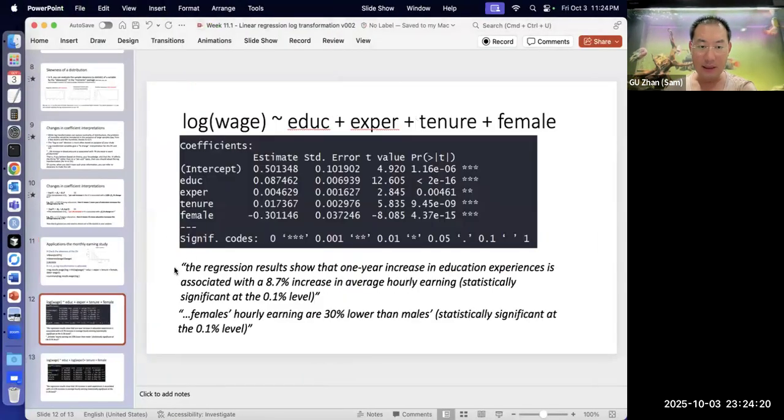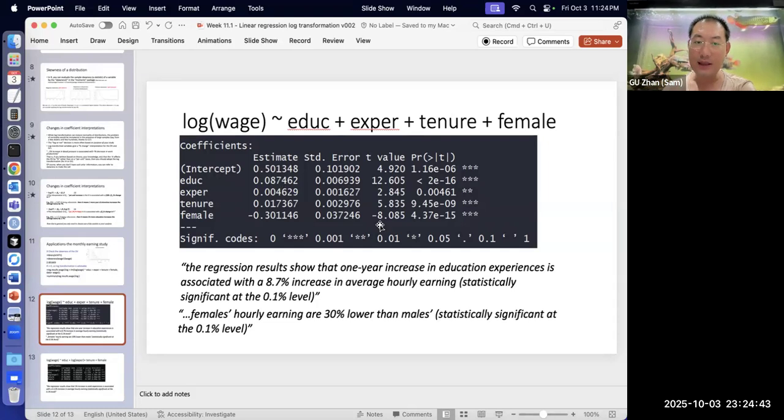The next slide is saying the regression shows 1 year increase in education is associated with this beta parameter times 100, so 8.7%, an 8.7% increase in average hourly earning.